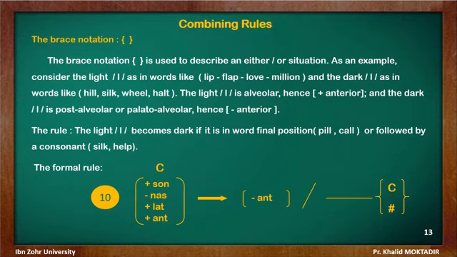Look at the brace notation on the right side of the rule. It says this happens before a consonant or in word final position. So the rule says that the light lateral liquid becomes dark in two contexts.